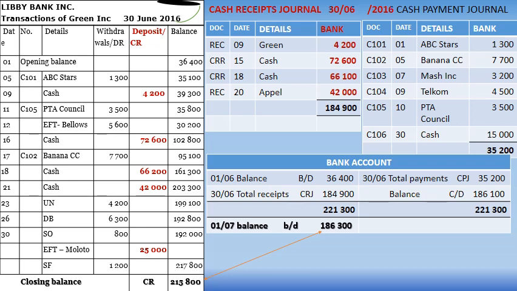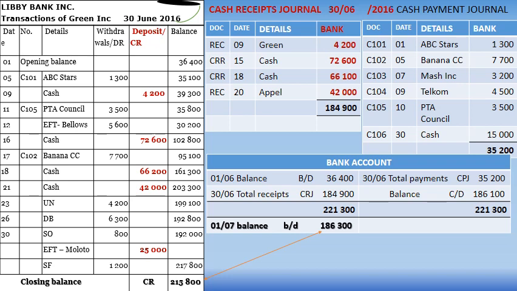We will therefore reconcile the entries in the cash journals by comparing them with the entries on the bank statement. We will start with the cash receipt journal. We will compare the bank column of the cash receipt journal with the deposit column of the bank statement.